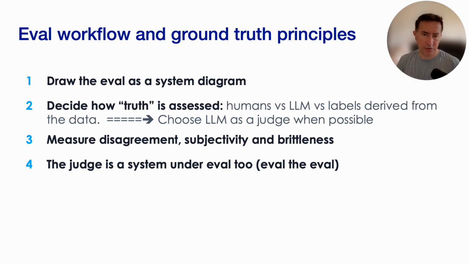Basically, what this matters is that the judge is also a system under eval. It doesn't matter how we judge, whether it's humans or the LLM. If it's human, we need to measure disagreement. If it's the LLM, we also need to measure disagreement between different models or different judge prompts and get a sense for how brittle the judgment is.